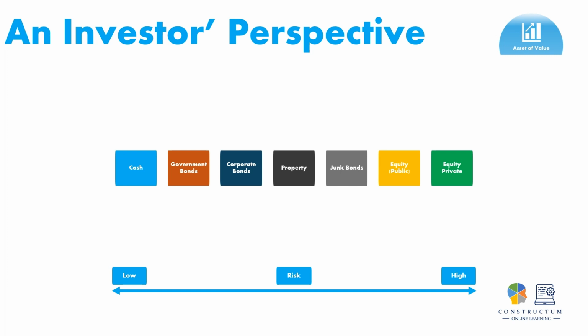Private equity. Private companies owned by individuals or other entities. The financial information of private companies is private, not made available to the public. Also, the reporting standards applicable to private companies are of a lower order.